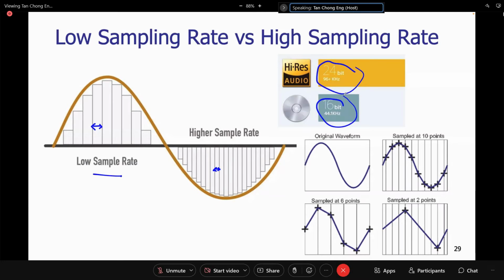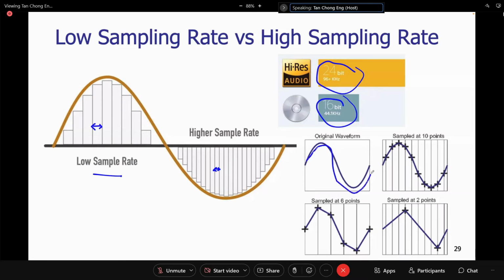If you want your digital recording, after you convert it into a digital signal, it goes by the number of bits. The higher the bits, the higher the resolution, the better the quality you can preserve. If you look at the diagram below here, the original waveform is very smooth.